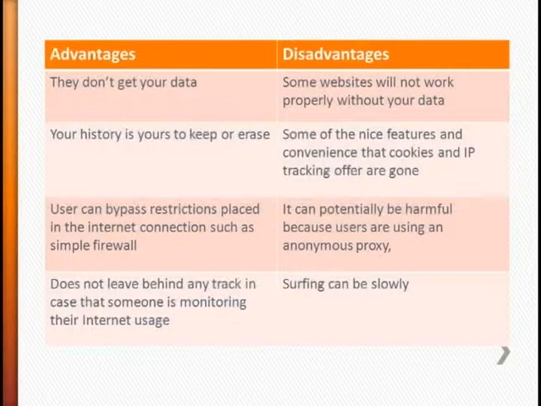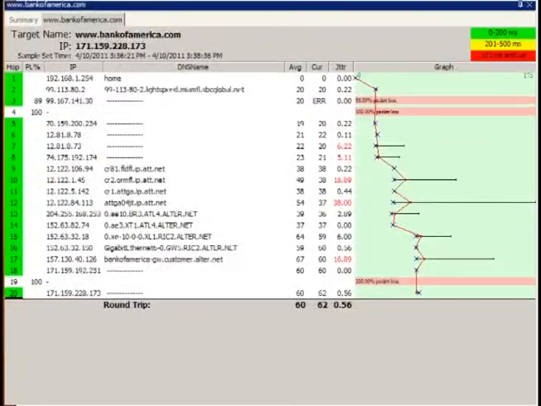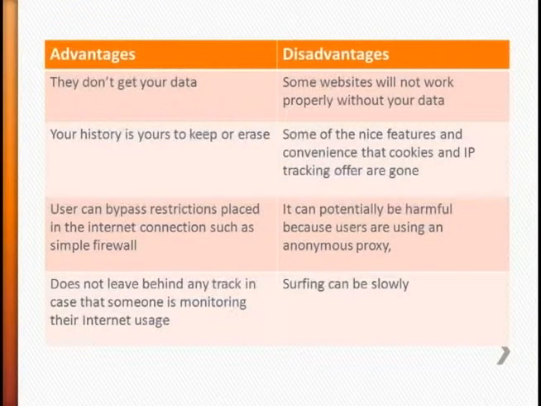Thus, important information such as logins, passwords, and credit card numbers could potentially be recorded and leaked by a proxy server administrator who has malicious plans. It doesn't leave behind any track in case someone is monitoring their internet usage. Surfing can be slow because proxy servers have to reroute information.